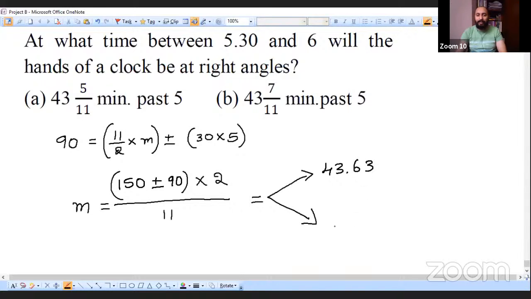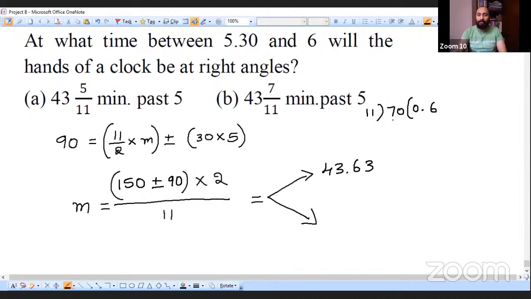43.63. What is the other answer? 0.63 means what, people? It is 7 by 11 or 5 by 11. You can directly assume it is 7 by 11. You can check it out. 7 by 11, if you keep the point, it should be 6.